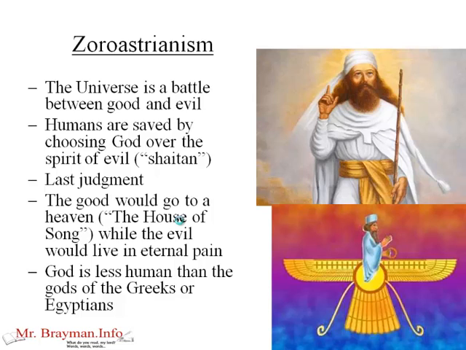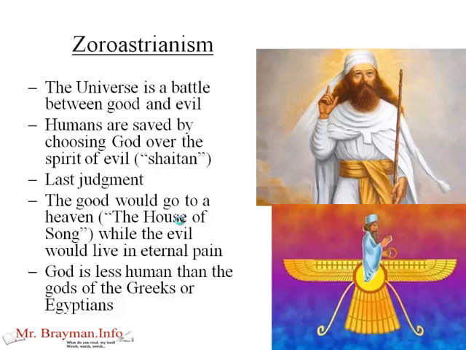Very similar to the word Satan, right? And they believe that at the end of time there would be a last judgment and a last showdown between God and shaitan, and that the good who follow God would go to heaven. They called it the house of song, while the evil people would live in eternal pain, right?